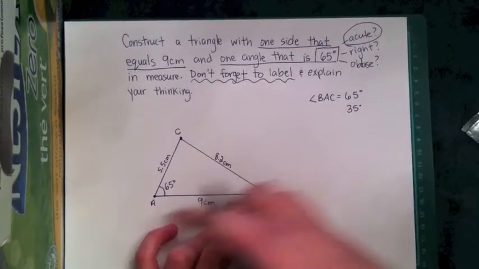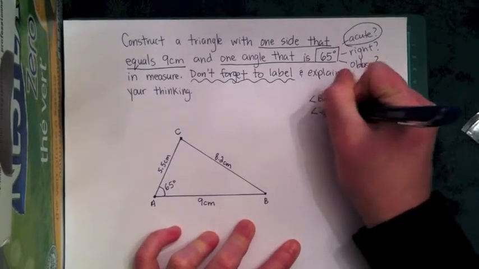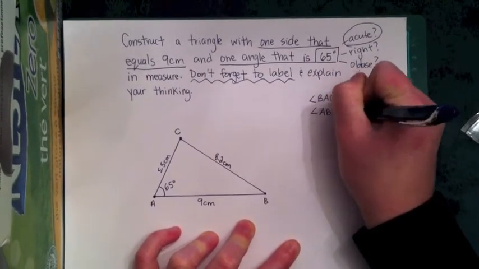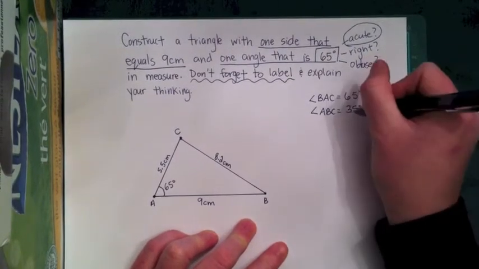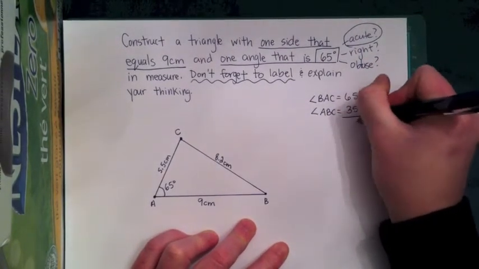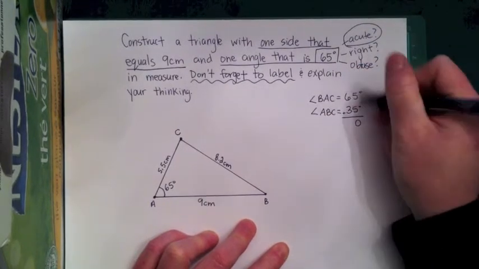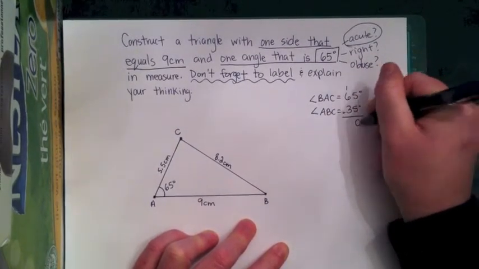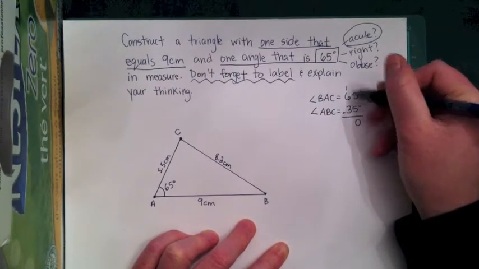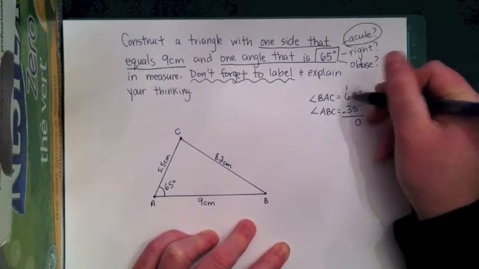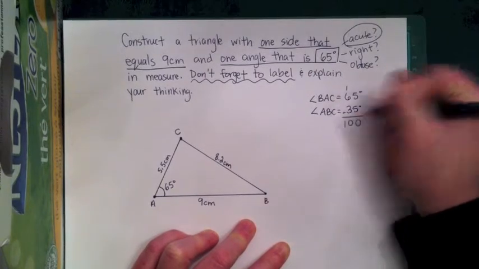And of course, that's angle ABC. And then I can do one of two things. I can add these two up. 65 plus 35 is 100.